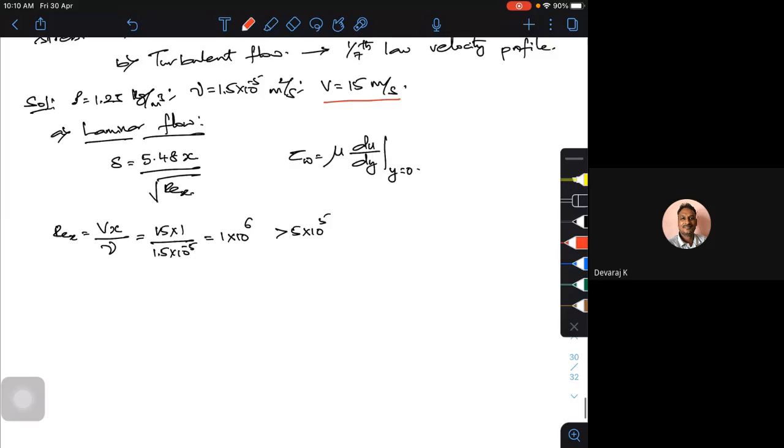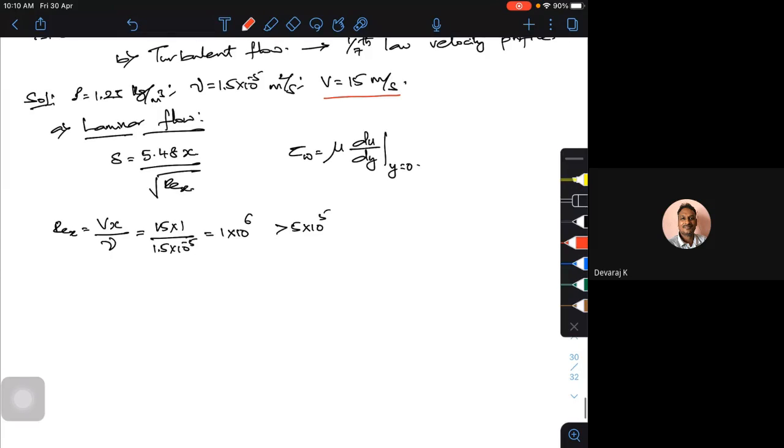So if I take a Reynolds number of 4.5 into 10 to the power of 5, equal to velocity into distance x divided by 1.5 into 10 to the power of minus 5, it will be 4.5 into 1.5 divided by 1. So the velocity should be around 6.75.